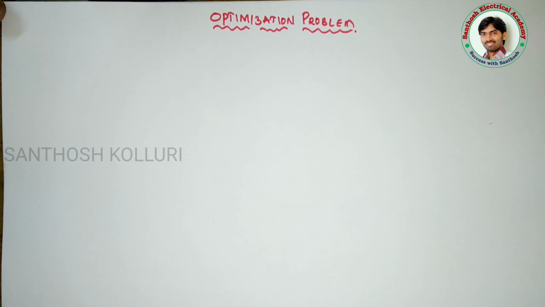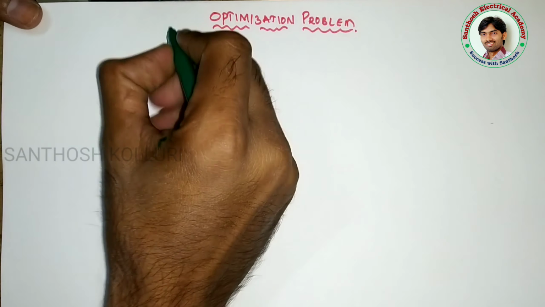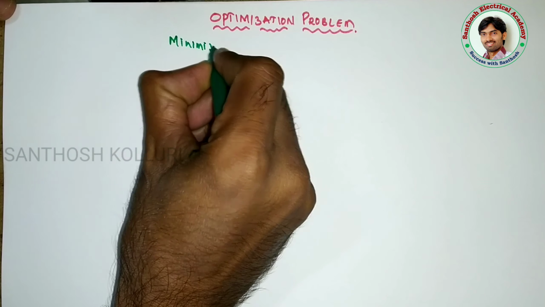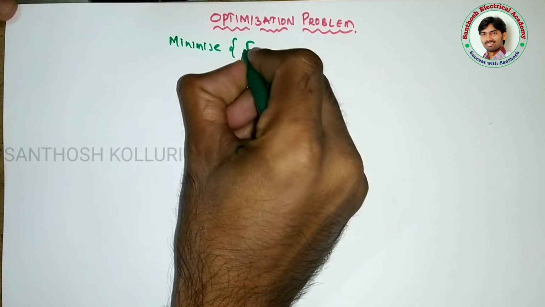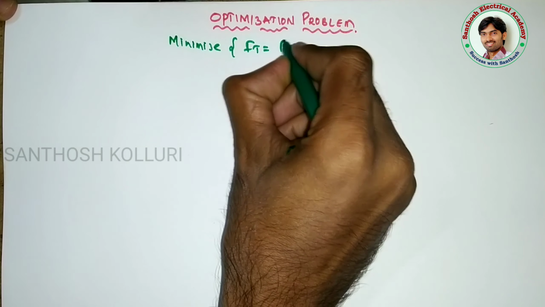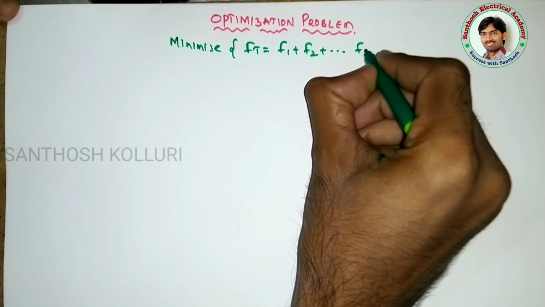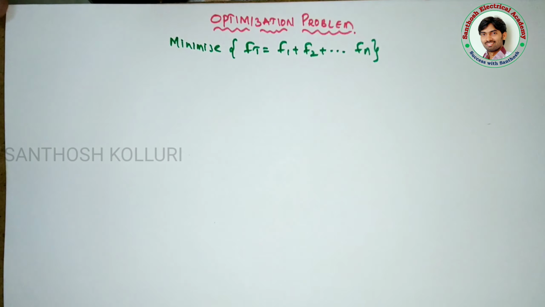So the objective of this optimization problem is to minimize the total fuel cost of all the plants, let us say F of n.